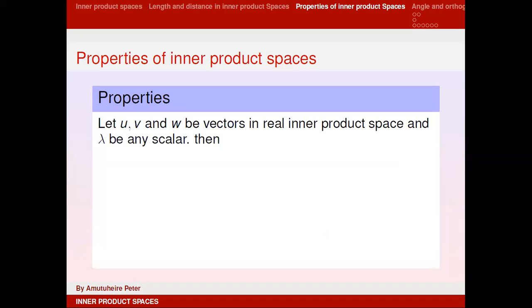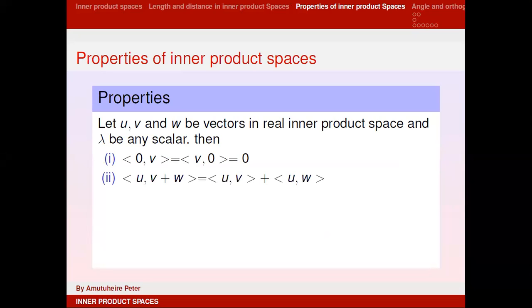Properties of inner product spaces. Let U, V, and W be vectors in a real inner product space, and lambda be any scalar. The first property is that the inner product of 0 and any vector V is the same as the inner product of V and 0, and it returns 0.